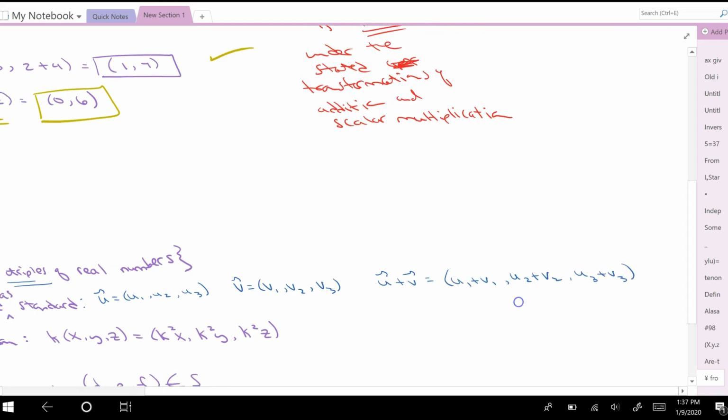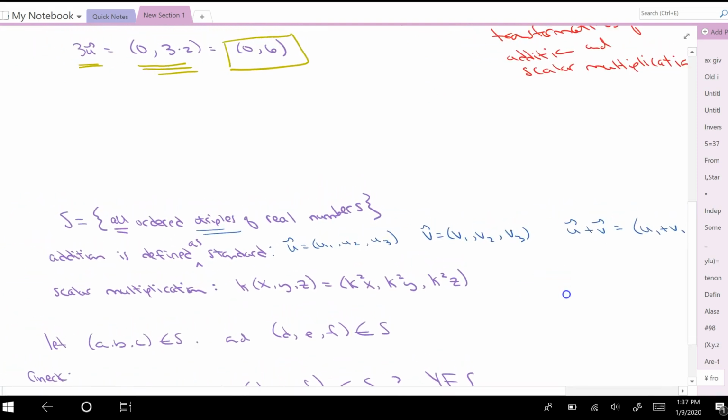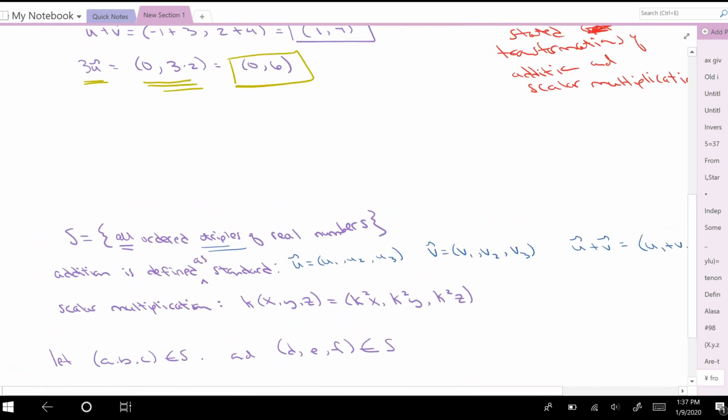So that is the stated transformation of addition, and here is how scalar multiplication is defined.